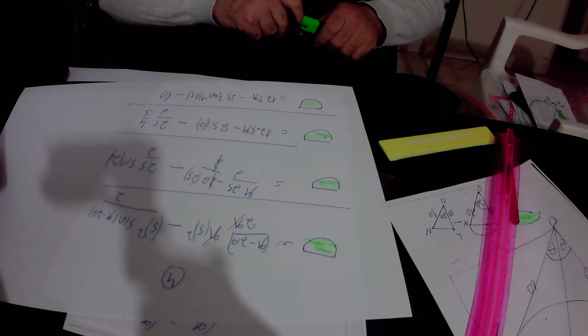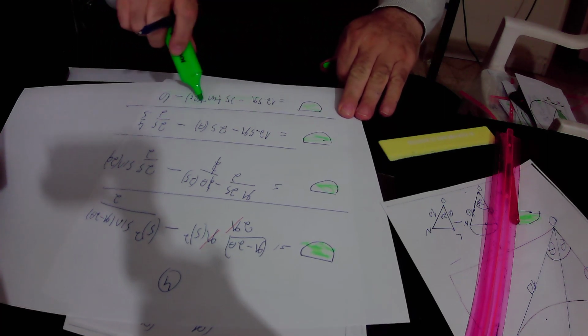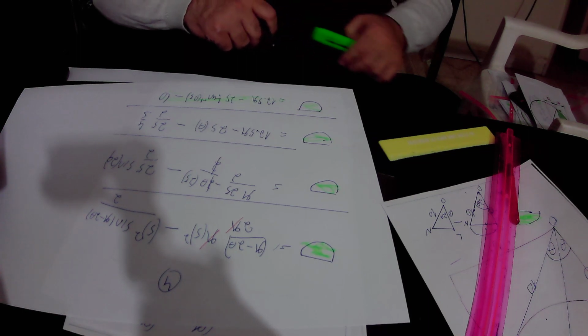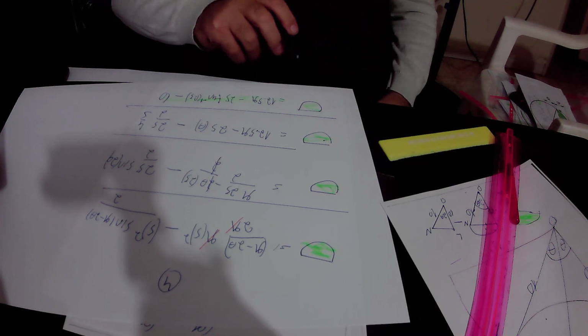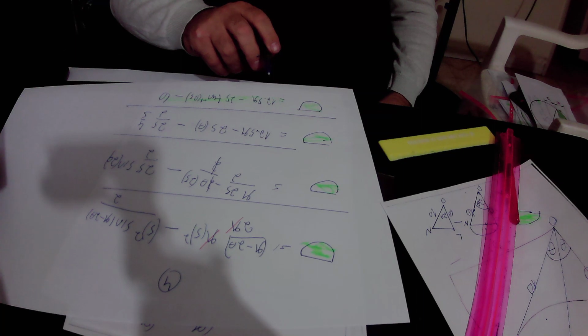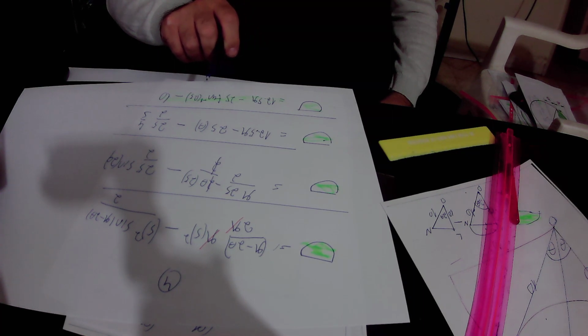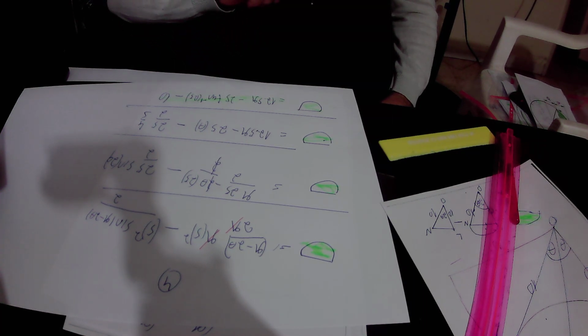So in conclusion, we found out that the area of the lower circular segment of the big lens equals 12.5 pi minus 25 tan inverse of 0.5 minus 10.